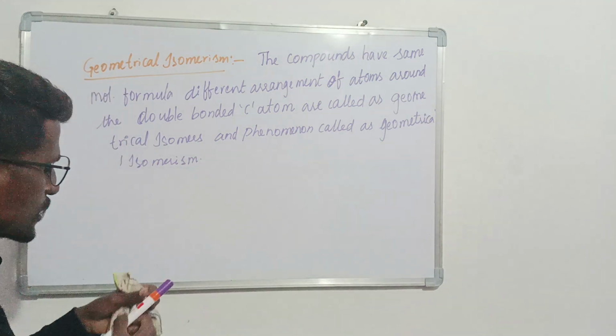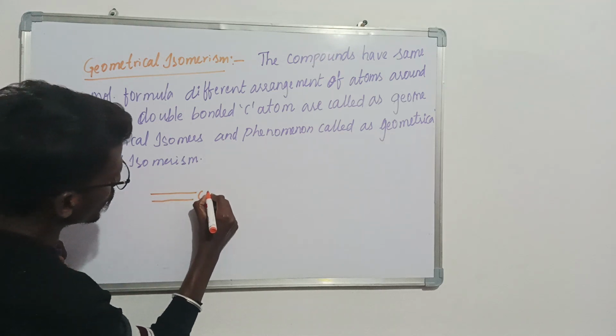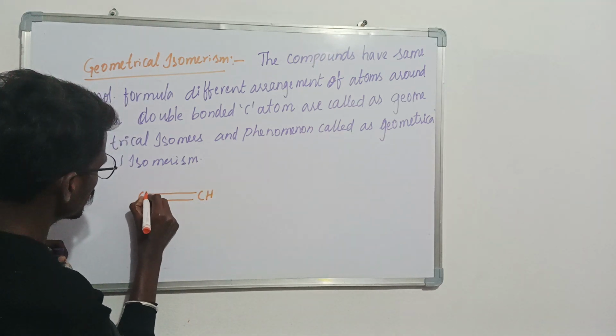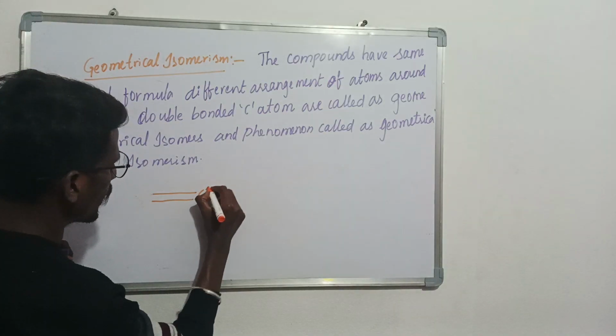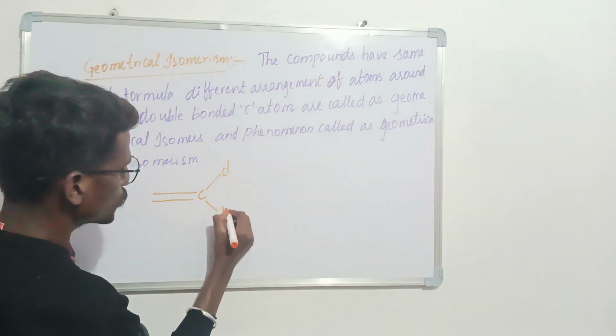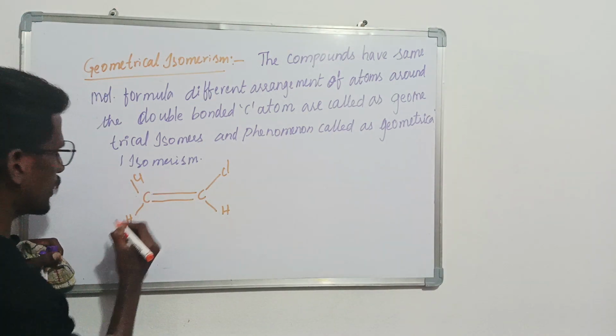We'll see one example: C double bonded C, with chlorine over here, H over here, chlorine over here and H over here.